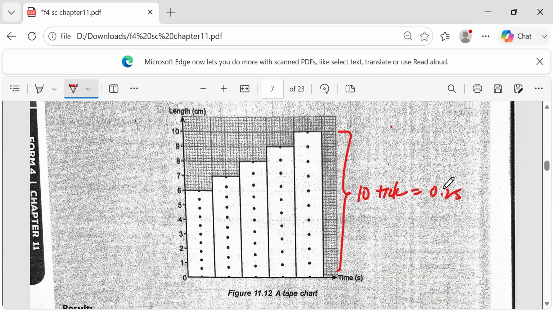Now that it's longer, does it mean faster or slower? Faster, yes. So this is faster because this is 10 cm over 0.25 seconds, while this is only 6 cm over 0.25 seconds. This one is slower, this one is faster, this one goes further. Get it? So this one is accelerating.